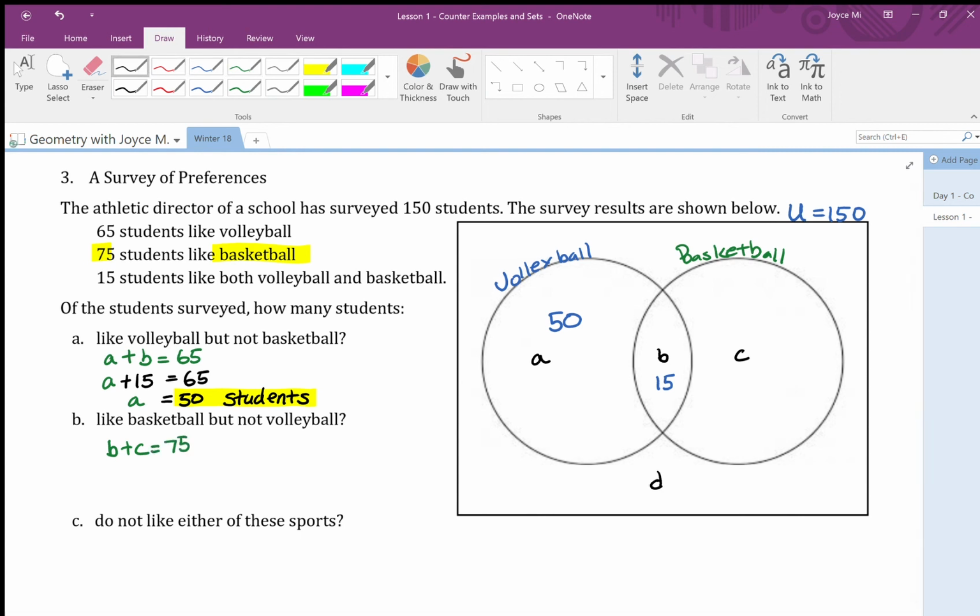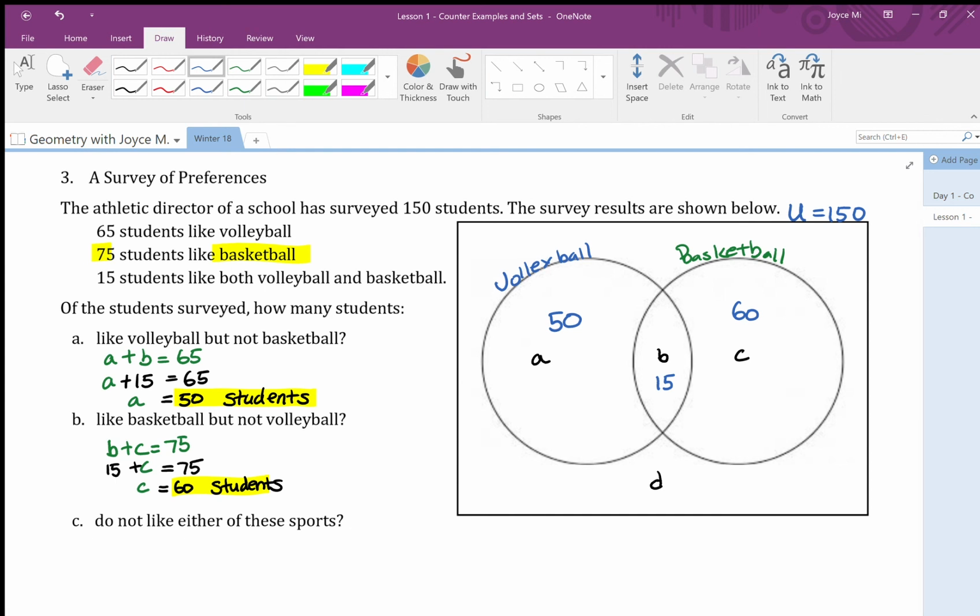We know B is 15, plus C gives me 75. Now I subtract 15 from both sides, so C is equal to 60. So 60 students like basketball but not volleyball. All right, so far we have figured out all the regions except D.